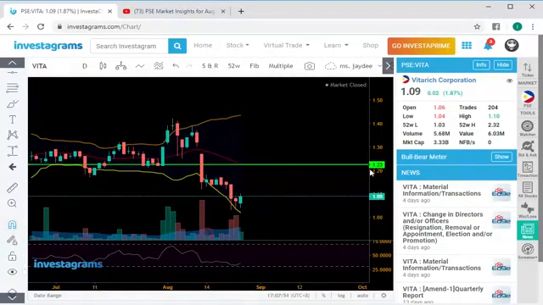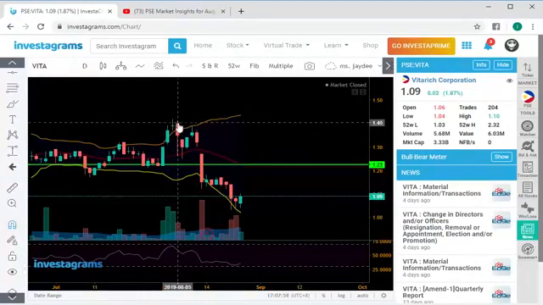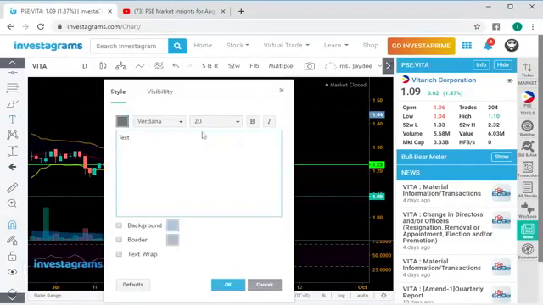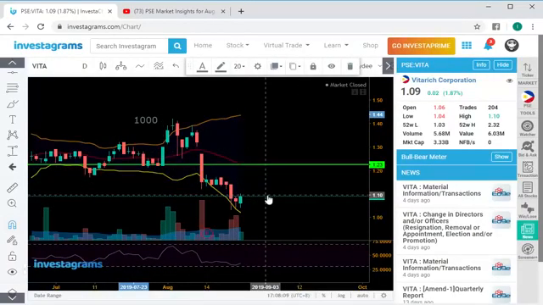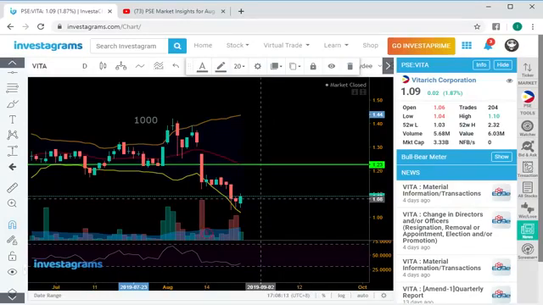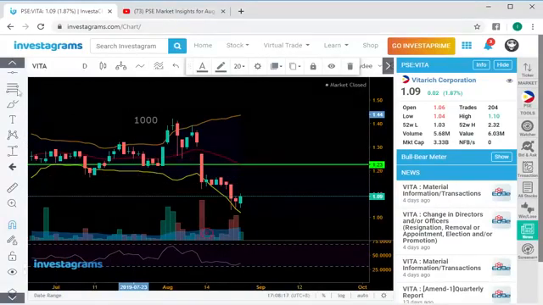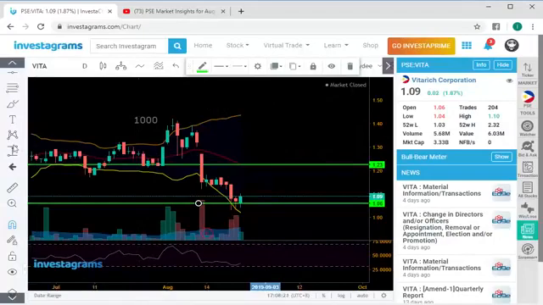Now, if, for example, you entered around this level with 1,000 shares, how do you lower down your cost average without having to spend some more money? Okay, so what you can do here is enter around the support area, around here.